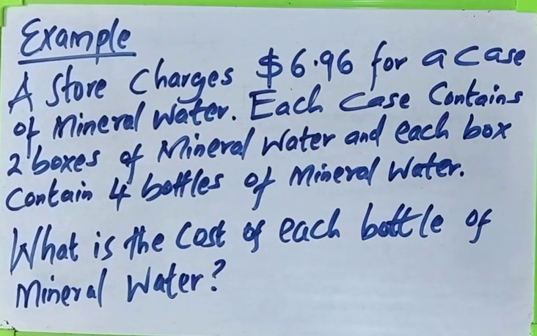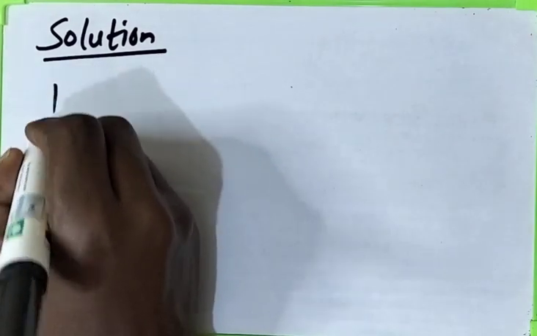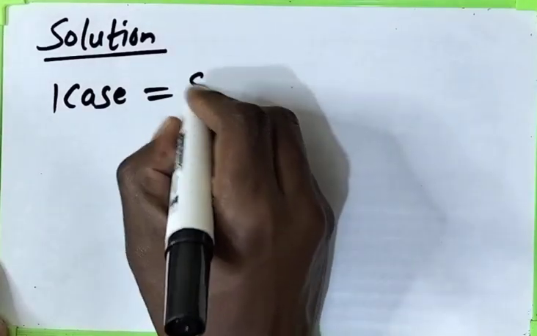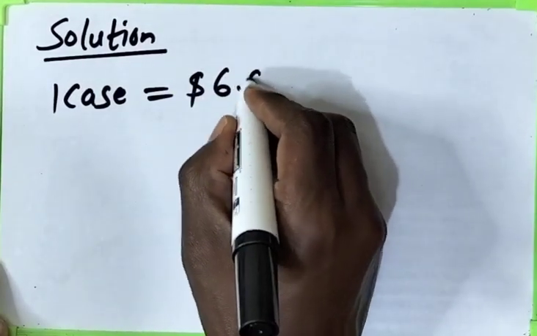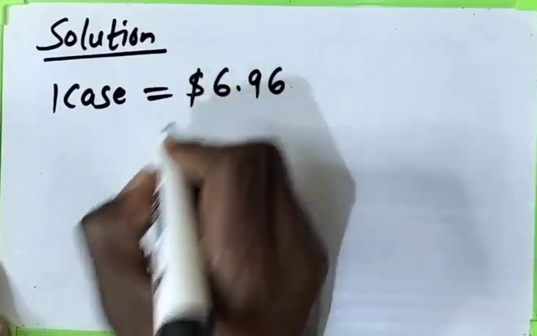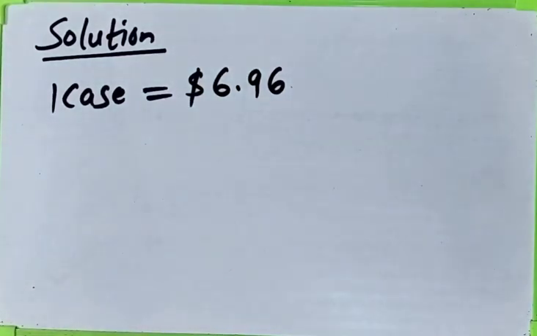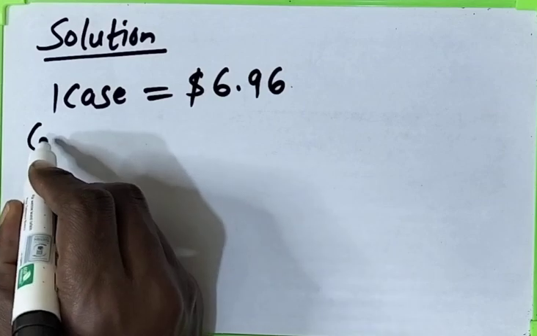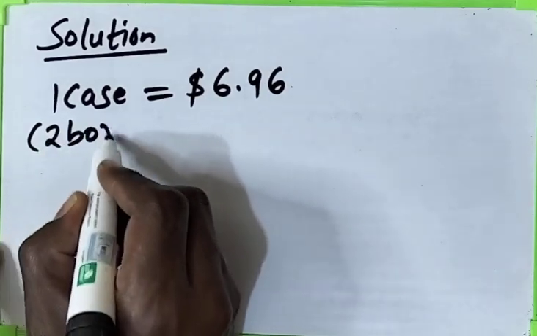Solution. So in solving this, we shall say one case costs $6.96, and we have 2 boxes in each case. So at least we can get the price of a box, because one case is equivalent to 2 boxes.